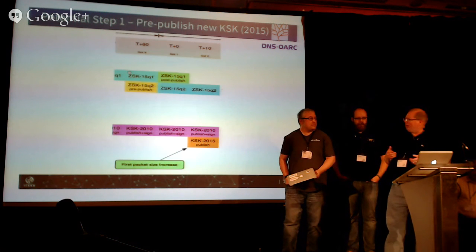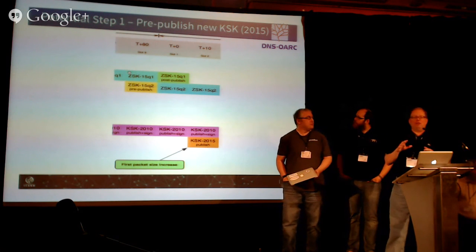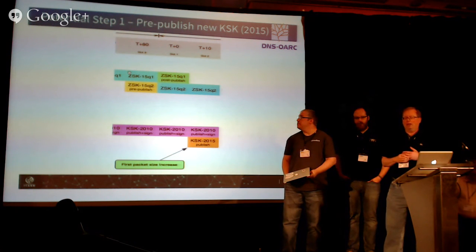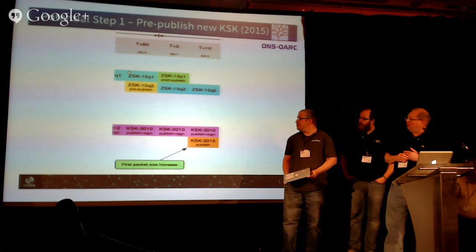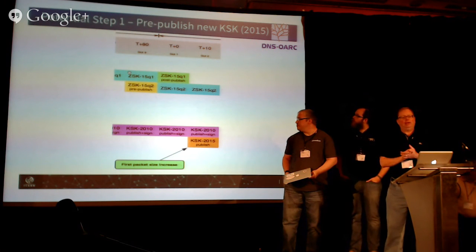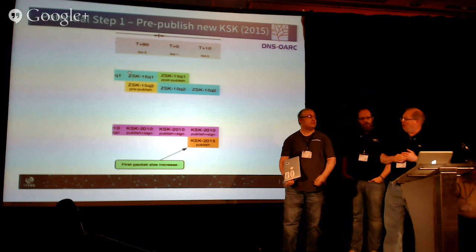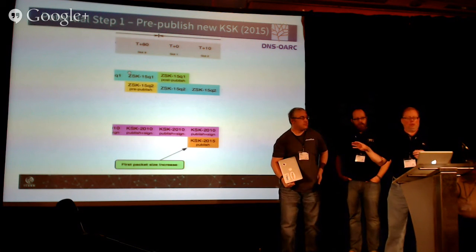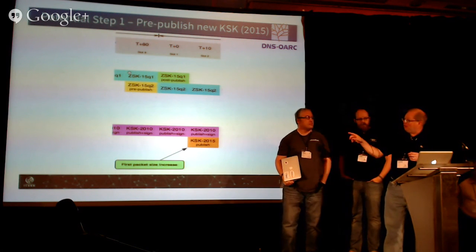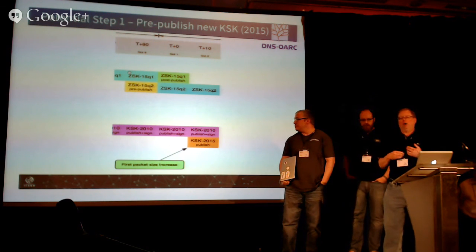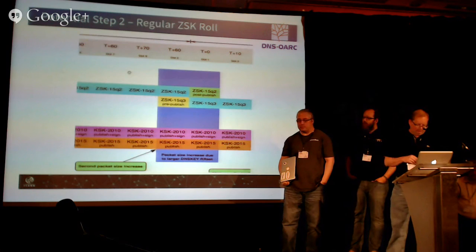To paint some background, these colorful graphic slides were taken from the plan from 2013. It shows the plan for bringing on the new key, which is not terribly far from most KSK rolls. In this case, when we add the new KSK, we have a packet size increase, and that is why we're concerned about it.